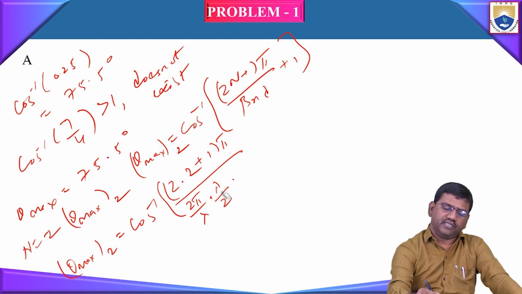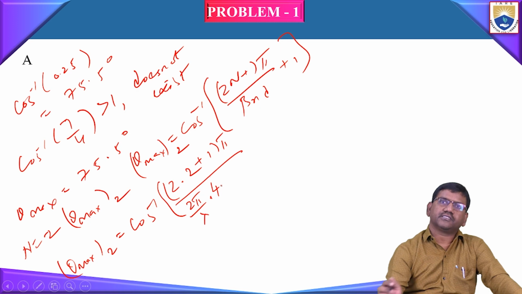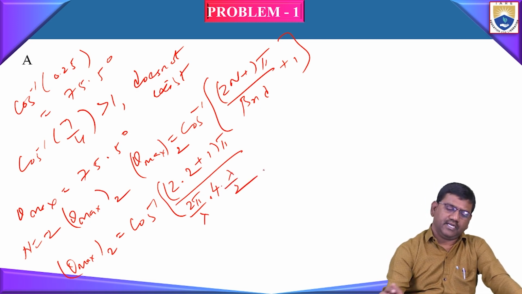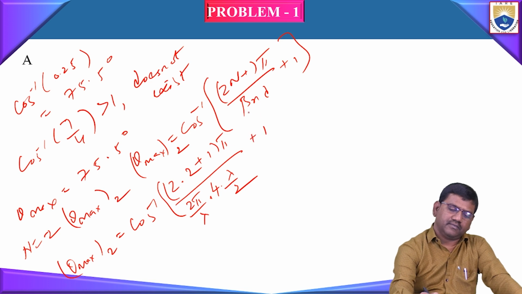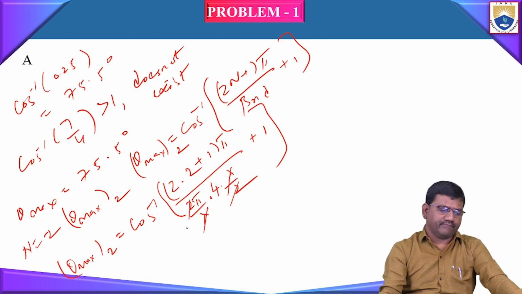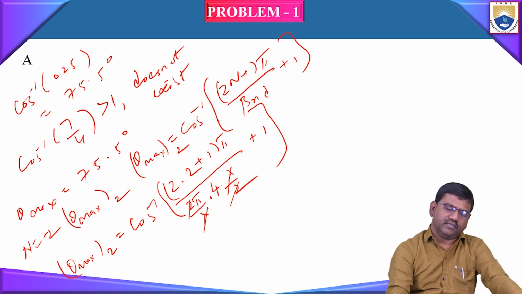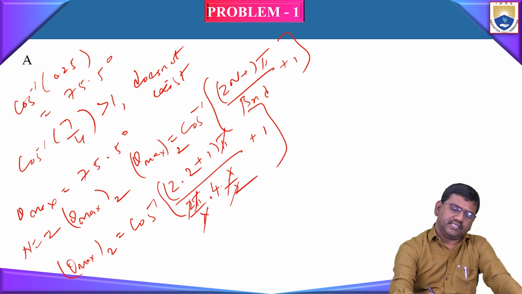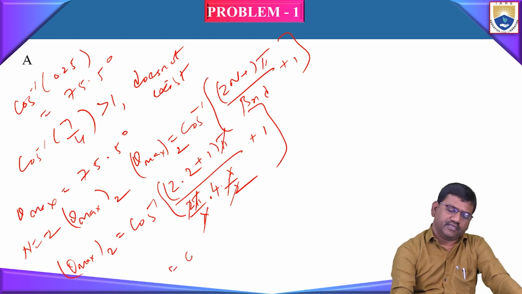Sorry, the value of N is 4 here, beta nd. Why? Because the number of sources is considered as 4, d is equal to lambda by 2, and this is plus 1 here. So lambda gets cancelled, the two twos get cancelled, and we are getting 4 here, pi gets cancelled here.